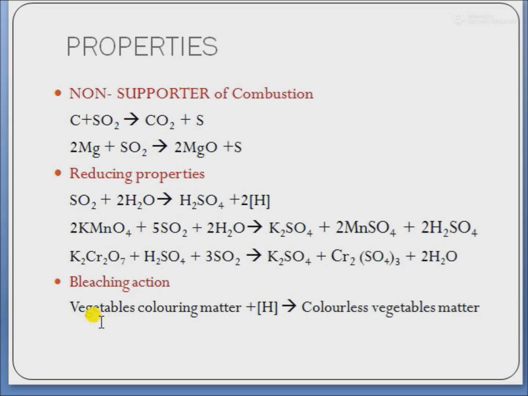When vegetable coloring matter reacts with this SO2, the nascent hydrogen decolorizes it and changes it into a colorless vegetable matter. The bleaching action of SO2 is, however, temporary. When the bleached article is exposed to air, it regains its color due to oxidation.